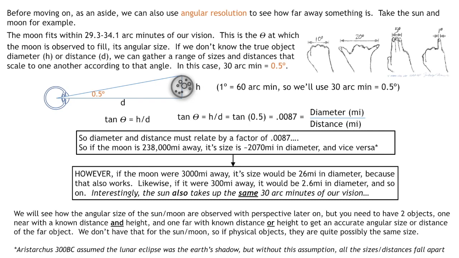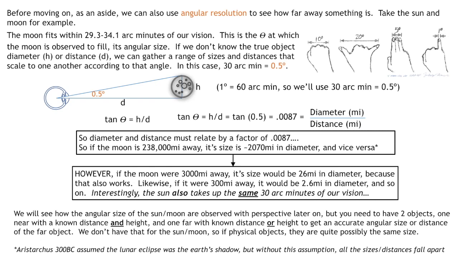But going back to the moon example, again, we need a ratio of 0.0087 of diameter to distance. So if the moon is a known distance away, then we can calculate its diameter. Or if we know for a fact its diameter, we can calculate how far away it is.